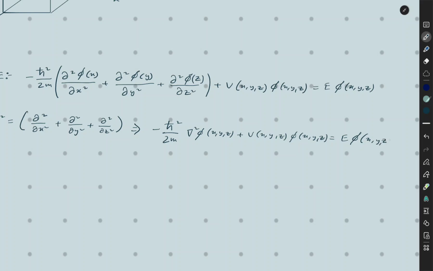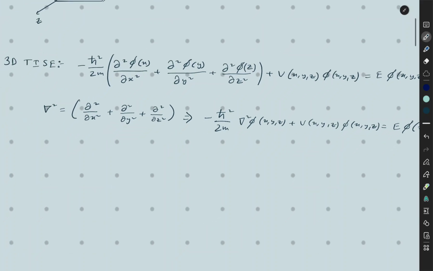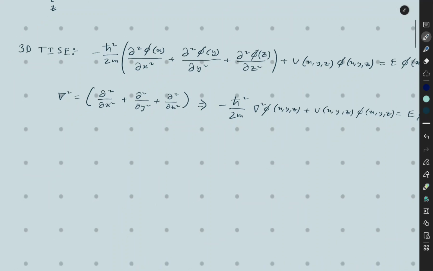One thing which is important here, that is this V and phi are functions of x y z, and x y z are independent variables. So as they are independent variables, we can use the change of variable.